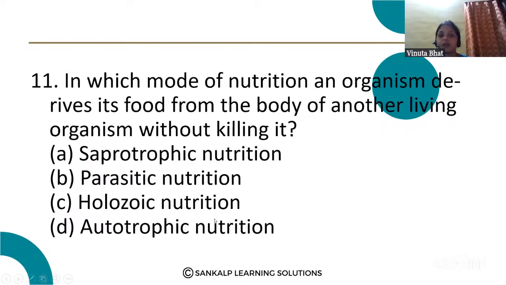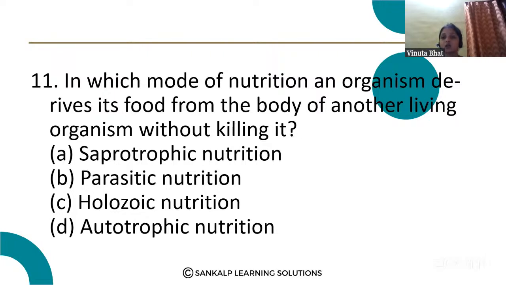Next question. In which mode of nutrition does an organism derive its food from the body of another living organism without killing it? Option A, saprotrophic nutrition, parasitic nutrition, holozoic nutrition, and autotrophic nutrition.